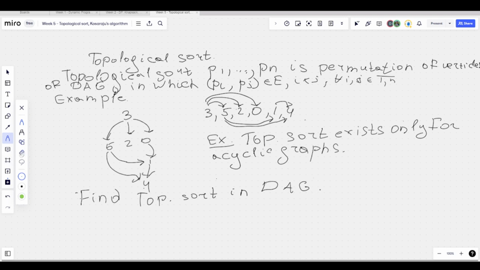Let me write some algorithm, the pseudocode.